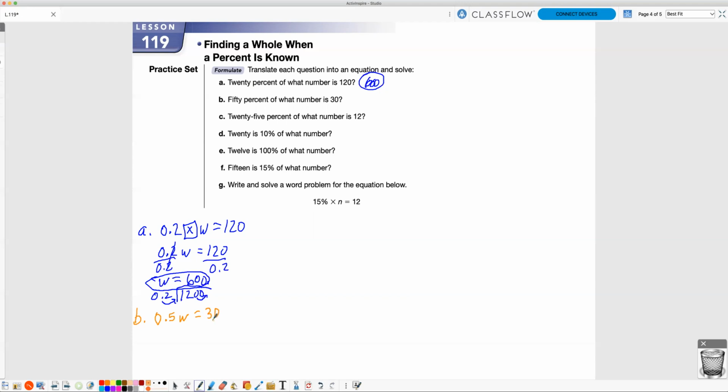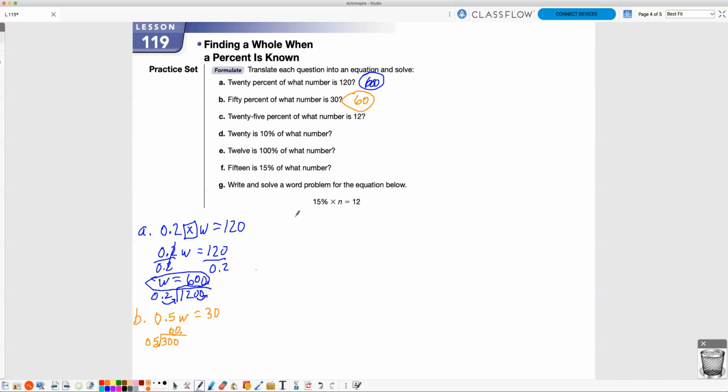Now I have 30 divided by 50%, which is the same as, if I move the decimal over here, 300 divided by 5, which I know to be 60. So in this case, 50% of 60 is 30. And you might think about that for a second and realize you would have known the answer to that long ago just from knowing what half of 60 is.